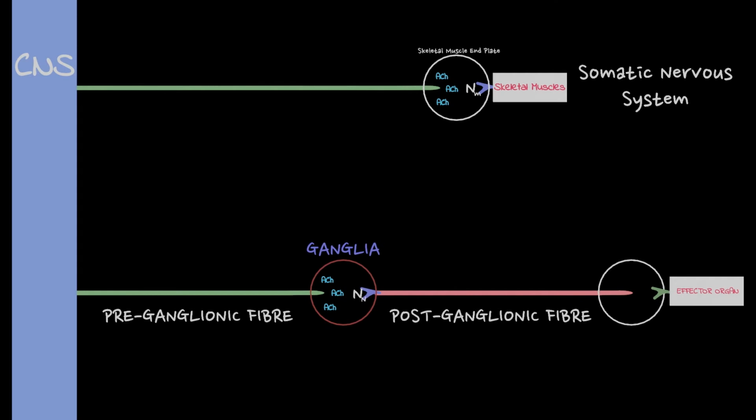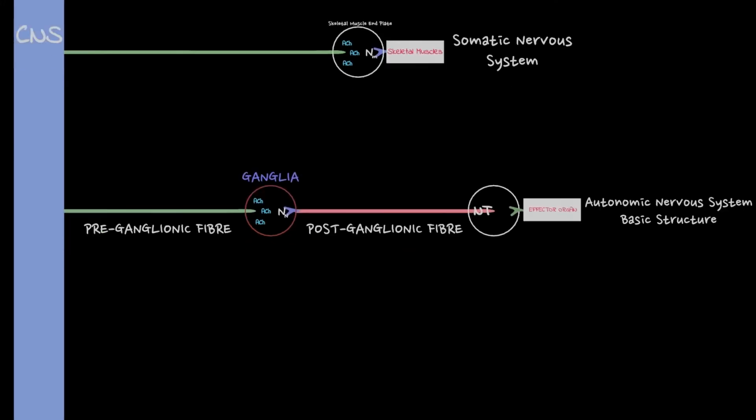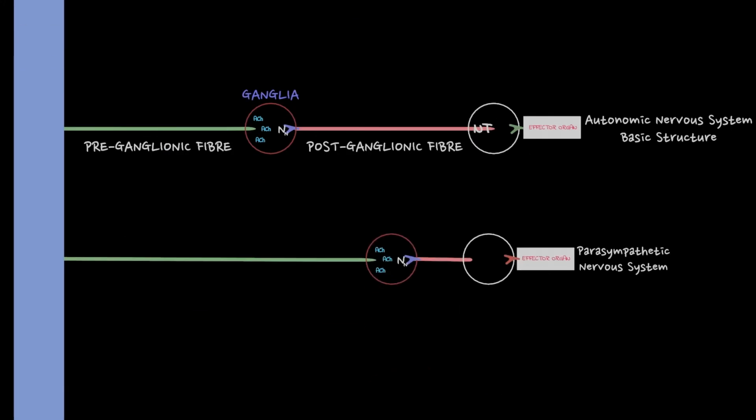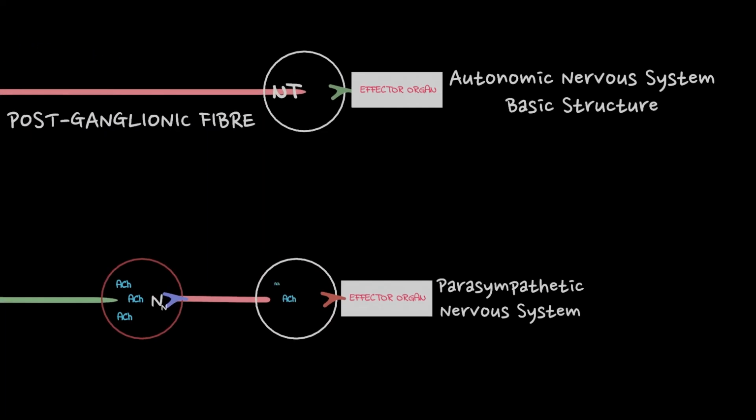The postganglionic fiber ends in the effector organ releasing a neurotransmitter which binds to the receptor, both dependent on the type of system involved. In the parasympathetic nervous system, the postganglionic fiber releases acetylcholine which binds to the muscarinic receptor in the effector organs.